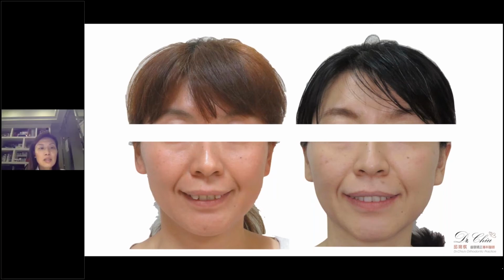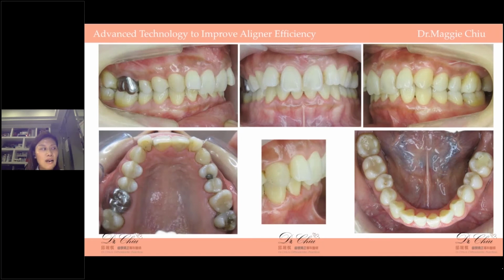As you can see here, the canine is class 2 on the right and left, and the molar is also class 2 on the right and left. It's a full class 2 molar relationship. She had 3-7 missing on the lower left and some crowding, and the arch form is rather squarish on the upper arch. The bite is deep, and the midline is off.